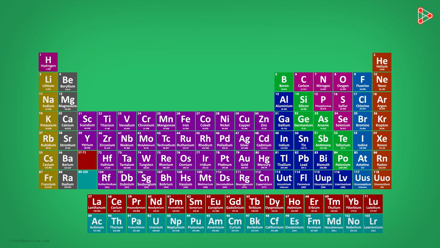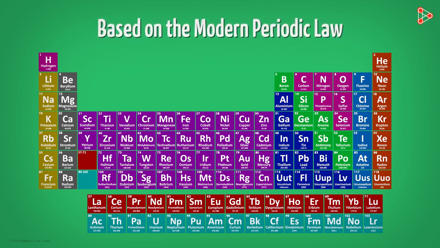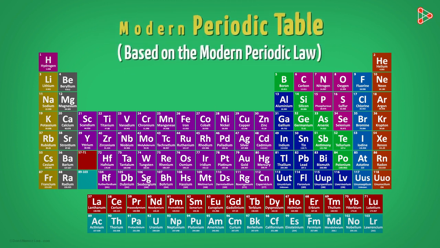The newly arranged table of elements was based on the modified law. Do you remember the name of this important law? Yes, it is the modern periodic law. So can you guess the name of the table that was based on this law? Yes, it was called the modern periodic table. Now let's have a detailed look at this modern periodic table, its properties, and a few of its important characteristics in the upcoming videos.